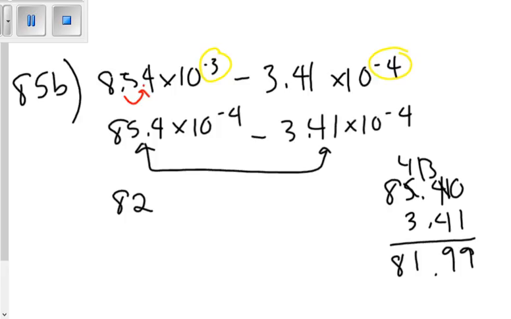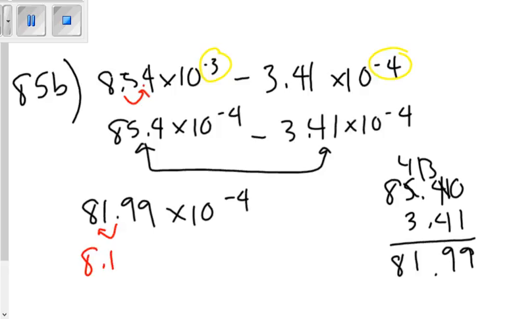So I need to get this in scientific notation first. So let's erase this. So 81.99 times 10 to the negative 4th. Let's get it in proper scientific notation before we round. So now we want to move the decimal point over, and that is going to result in 8.199 times 10 to the negative 3, because I moved it to the left, making that number smaller.